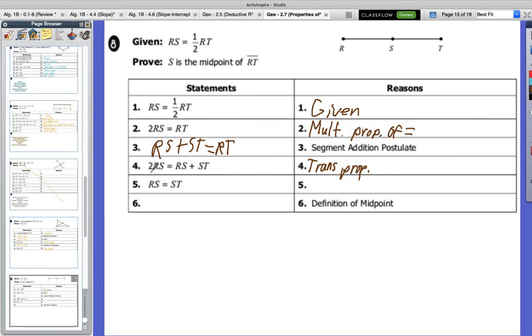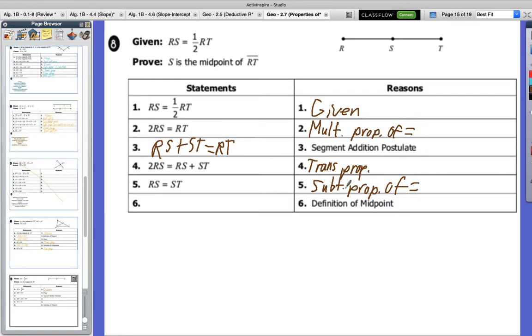If I subtract 1 RS from both sides, this RS would simplify out, I'd be left with ST, and it gets down from 2 RS to just 1 RS. So I took that and I subtracted RS, I'd get what is in step 5. That'd be the subtraction property of equality.